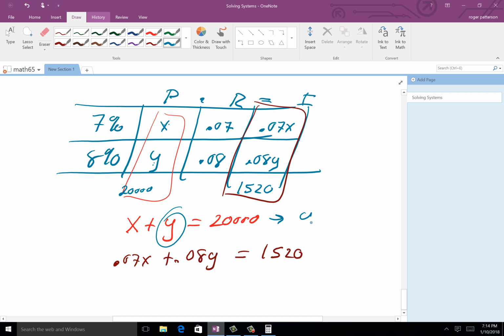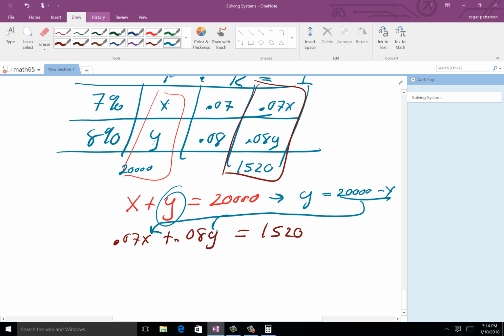Okay, so then we're going to get y equals this 20,000 minus x. And this is going to go into, not there, there. Okay, here we go. 0.07x plus 0.08 times (20,000 minus x) equals 1520.